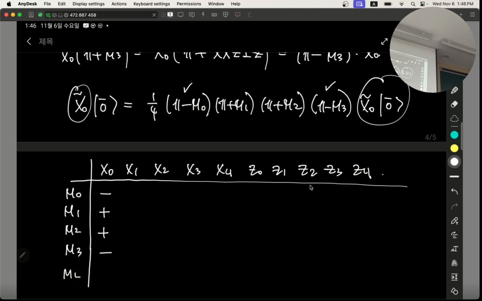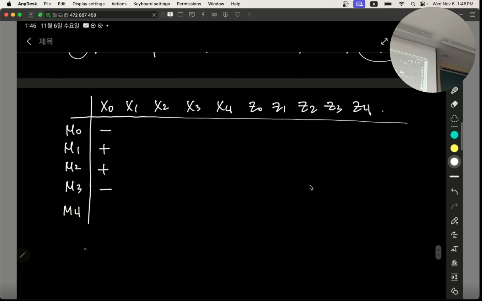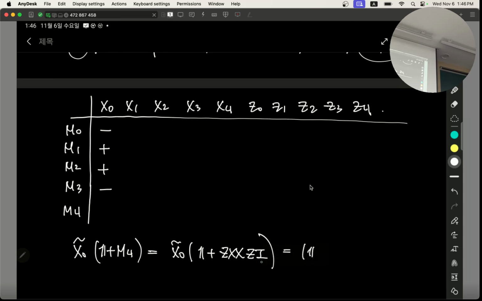Let me take another one. What if I had x0 applied to m0, m1 plus m4? I'm going to take another row here, even though it's not in the construction of the logical 0. x x z I here, so it's the same thing because we have I here.